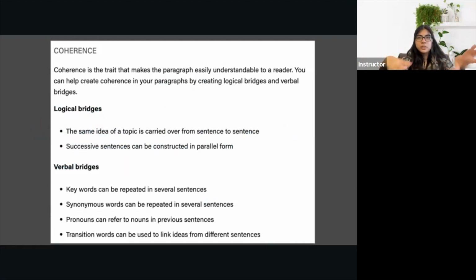You don't have to have multiple different supporting ideas. You can stick to that, but that's going to be explained again and again. So that same logic is going to be carried over throughout your sentences.